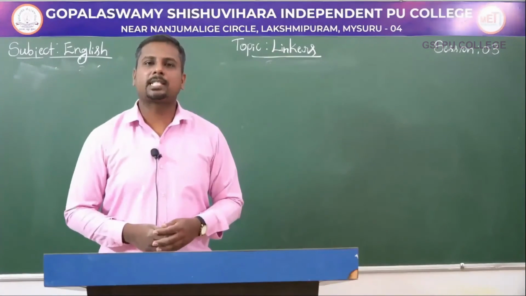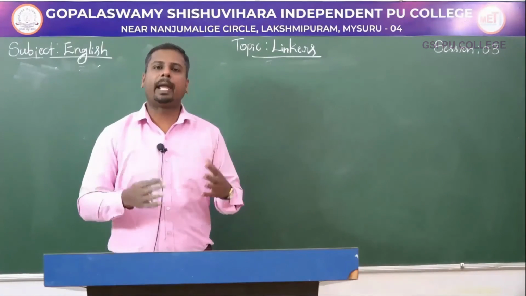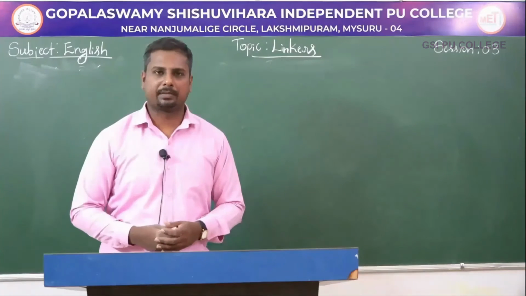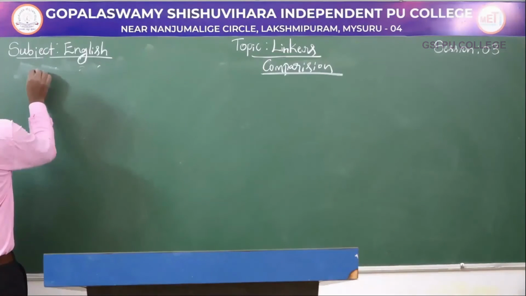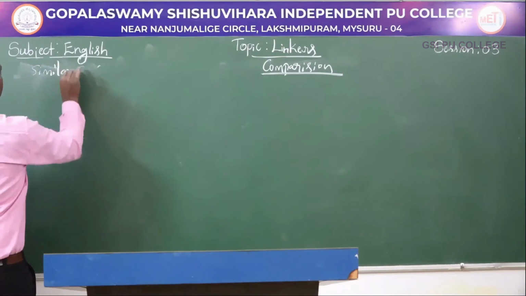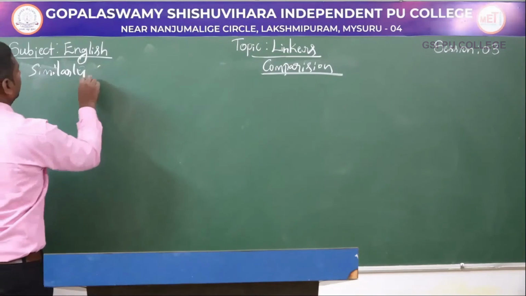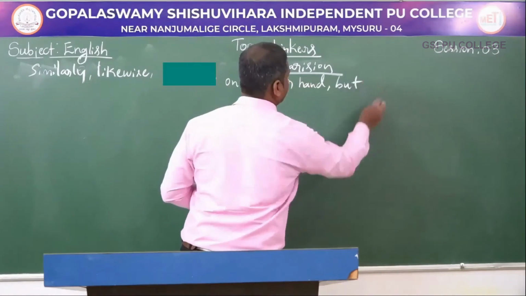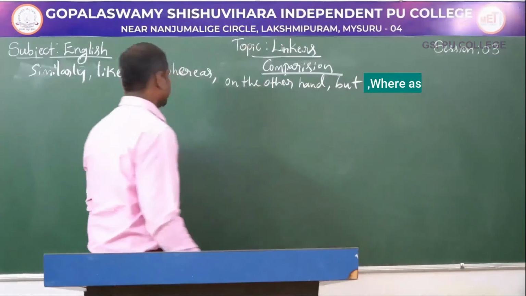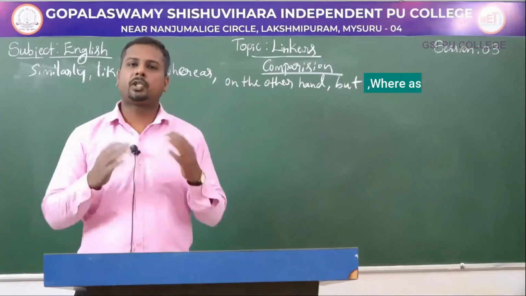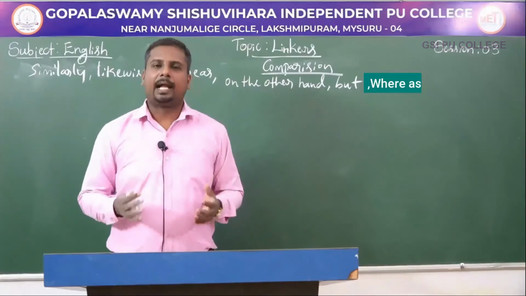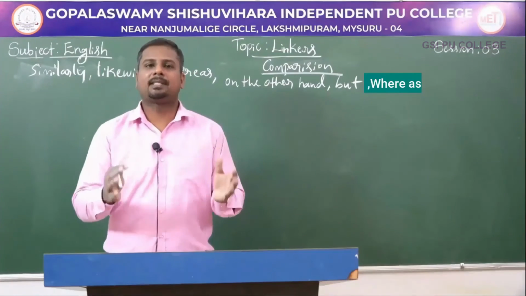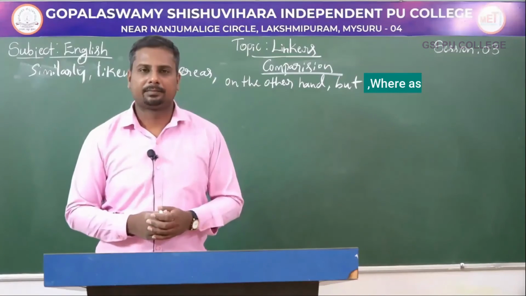Now there are linkers to express comparison. There are linkers to make comparison between two or more ideas, such as words like similarly, likewise, on the other hand, but. Sometimes we want to compare two things that are different, and sometimes we want to compare two things that are similar, that expresses similar ideas.